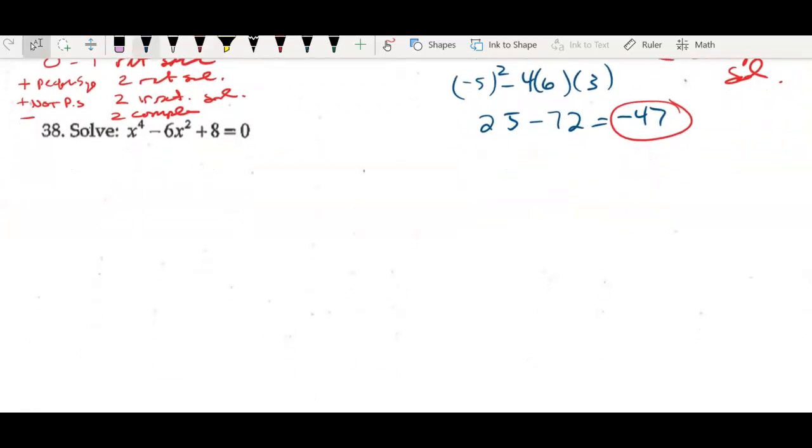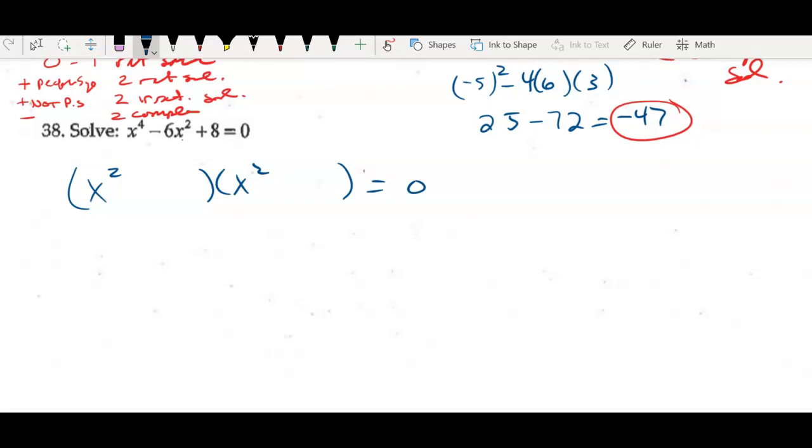All right, 38. Let's solve. Remember, you have a higher root, but because it's x to the fourth and x squared, you can treat it like a basic quadratic. The only difference is you're going to have an x squared and an x squared instead of an x and an x.